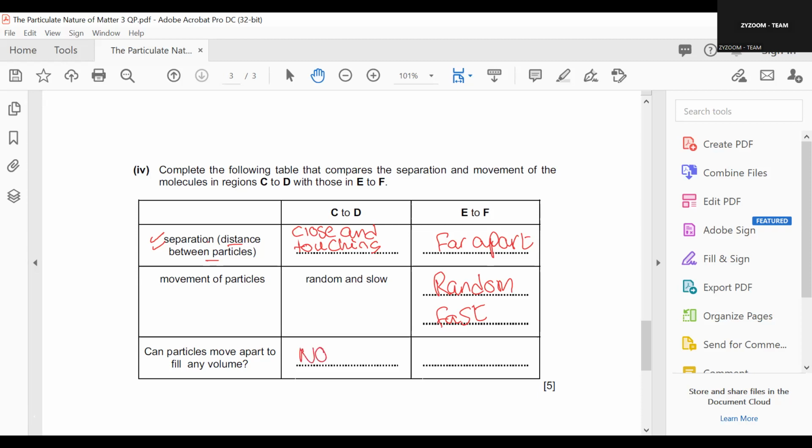No. This is the liquid state. Liquids can change shape only. So it's being specific. Can fill any volume. This means, can it change its volume? No. Do you understand? Yes, I do.